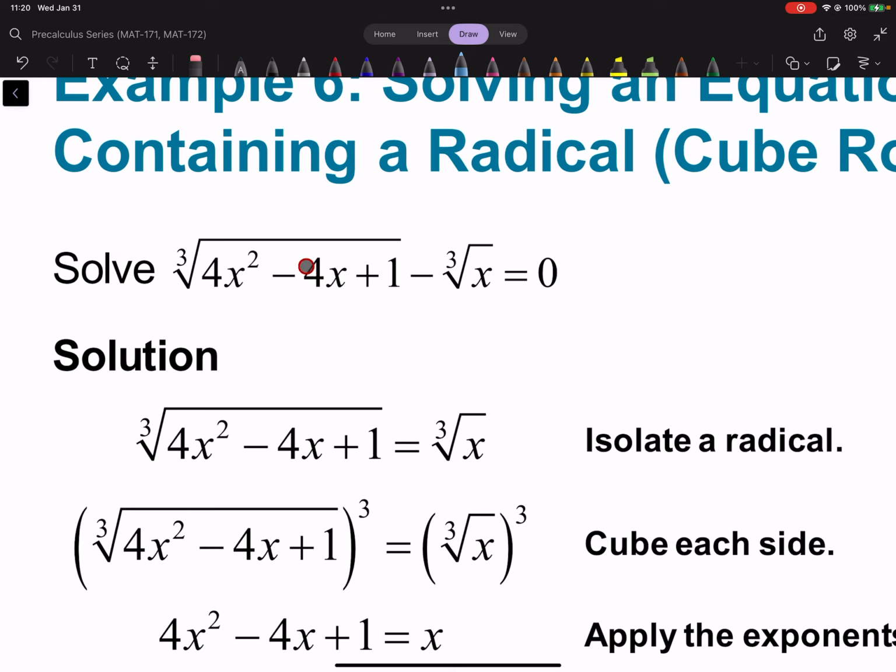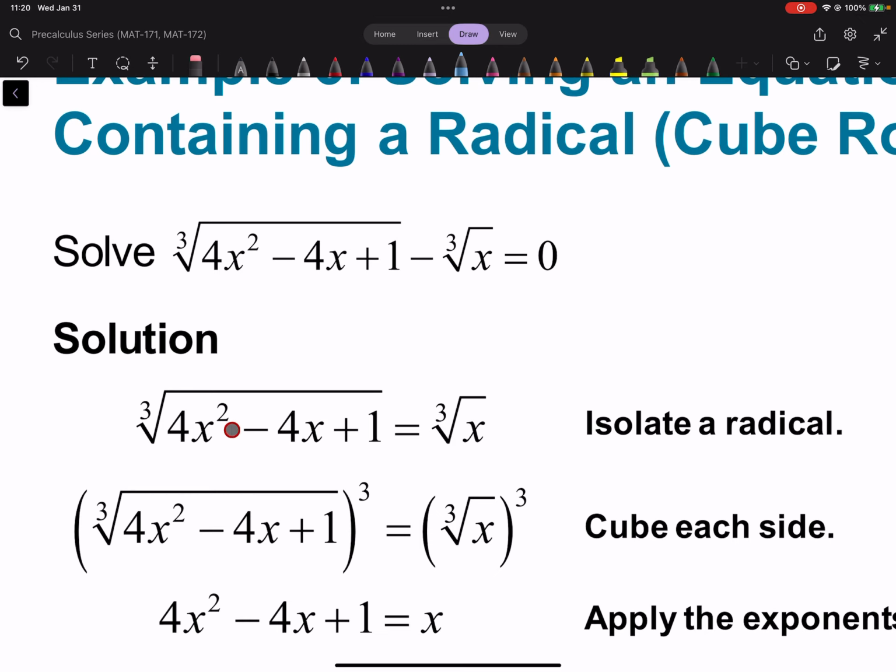Just like with the other problems, we want to isolate the radicals. So if I add the cube root of x to both sides, I will isolate those radicals. And now I can use the power property to cube both sides. You can see that's what they did here. They utilized the power property to eliminate this radical.